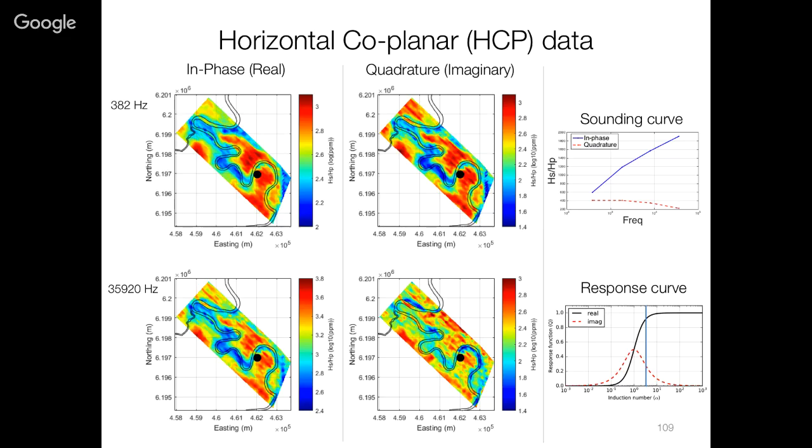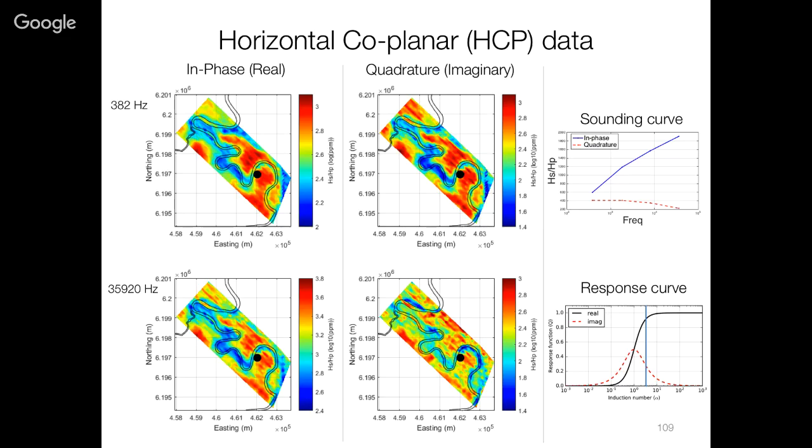Right, so here's our response curve. And we actually see more in phase, right, than quadrature, right? So if we look at the solid curve here, that's high compared to here. So as we come up here in frequency, we're going up.